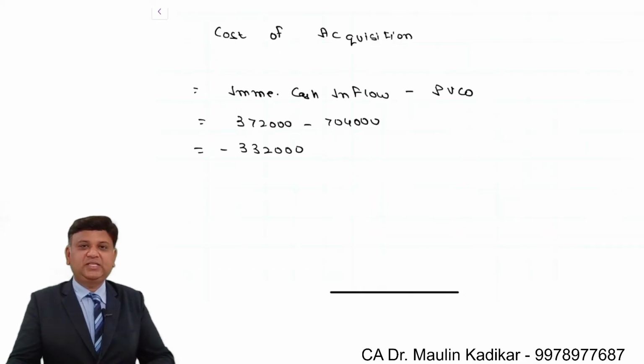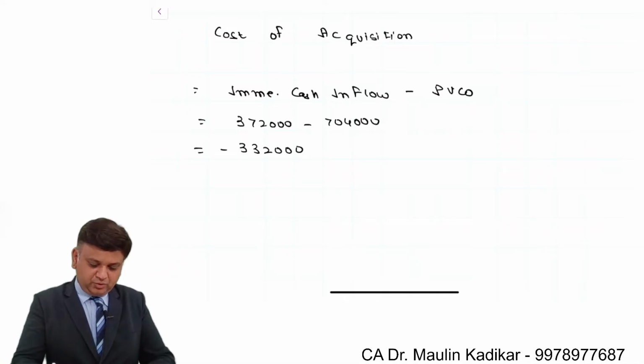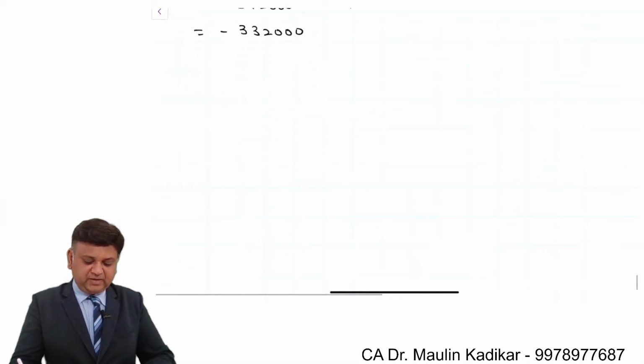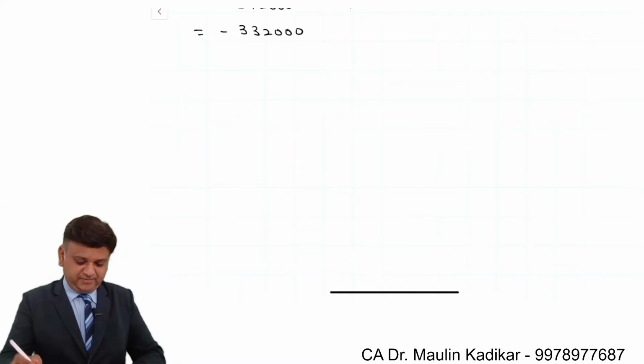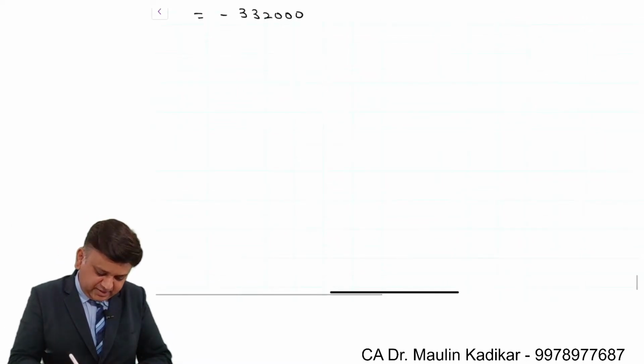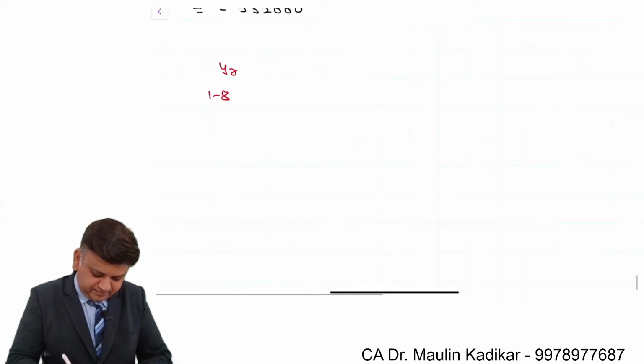So friends, in second part of the question, we are required to compute that what should be our annual cash inflow so that we will be able to recover the investment at the rate of 20% return. So what will happen? It is year 1 to year 8 cash inflow.